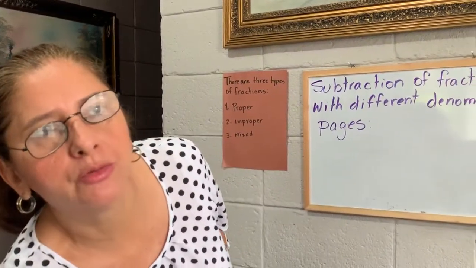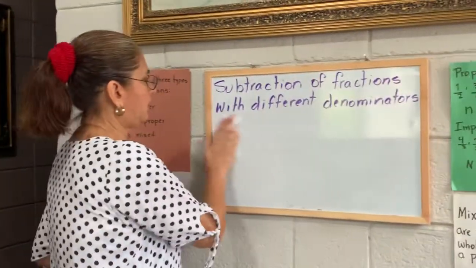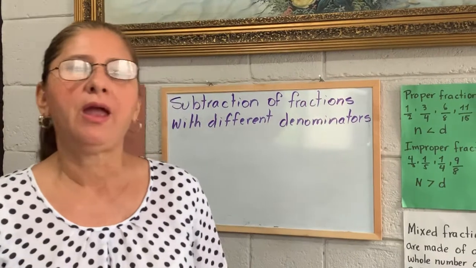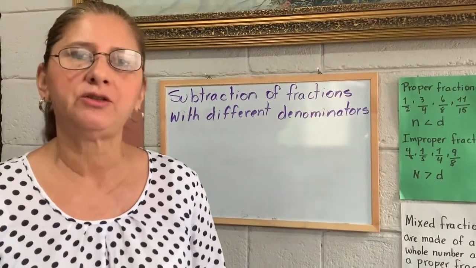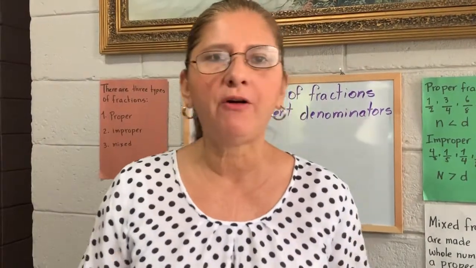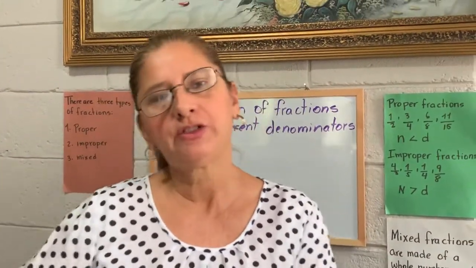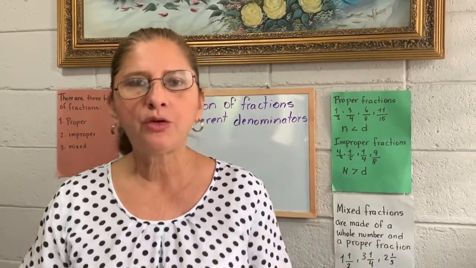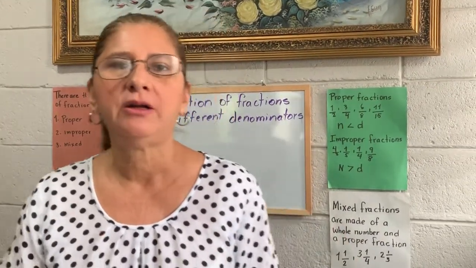And I'm going to review how to add fractions with unlike denominators, or different denominators. Remember that the steps you follow to add and subtract fractions with different denominators are the same. Do you remember what the steps are?